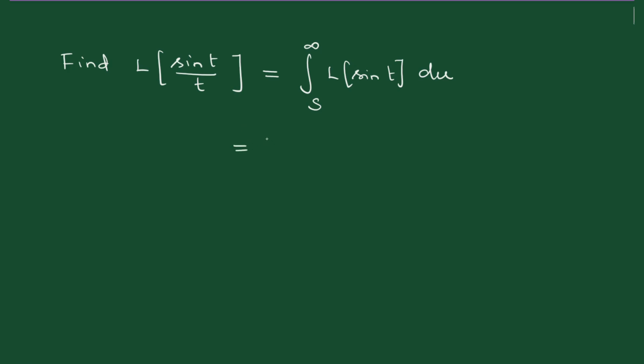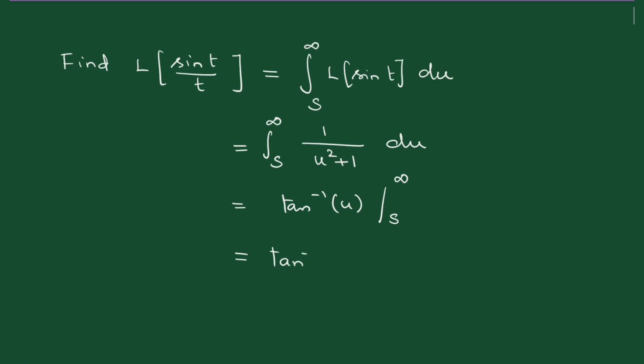So this is equal to integral s to infinity, L of sin t is what? 1 divided by u square plus 1 into du. So now integration will give you tan inverse of u over the limit s to infinity. So this is equal to, now applying the limit, tan inverse of infinity minus tan inverse of s.